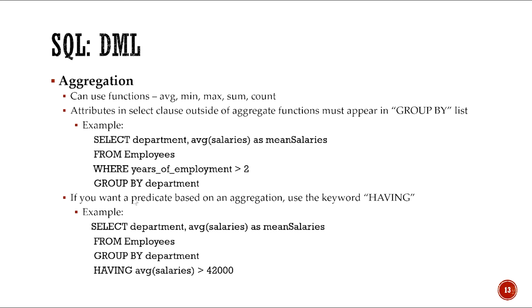It means that apply this function for each department. Here you can see the syntax. Attributes in select clause outside of aggregate function must appear in group by list. So we select department, average salaries as mean salaries from employees table, where then you have the condition, years of employment is greater than 2, group by department. It means that calculate this for each department.